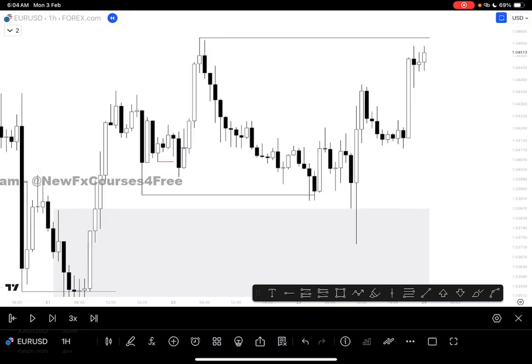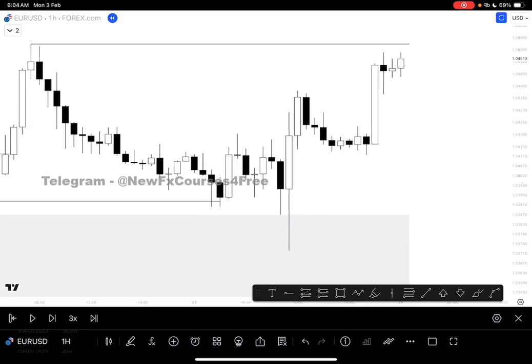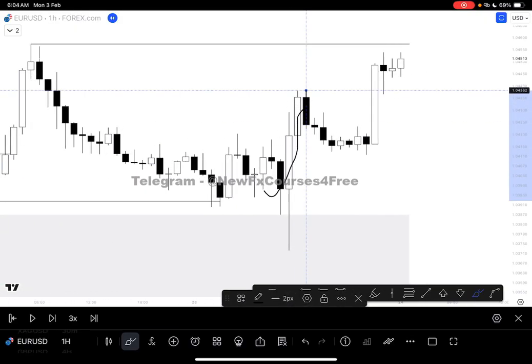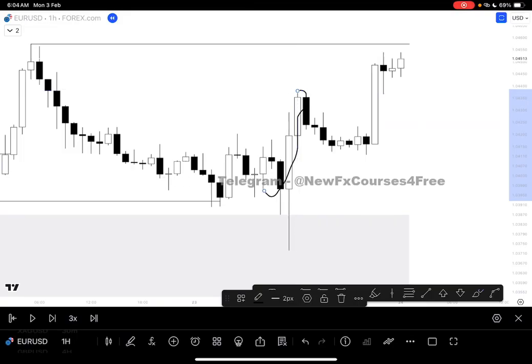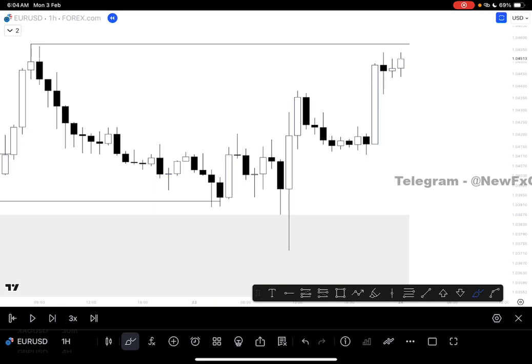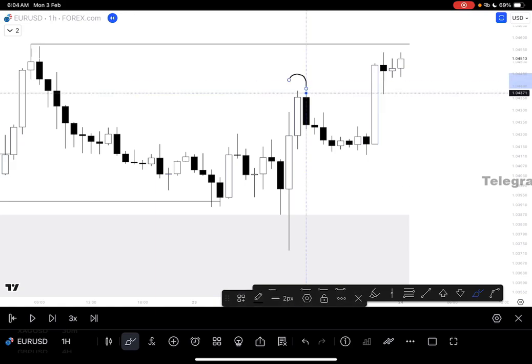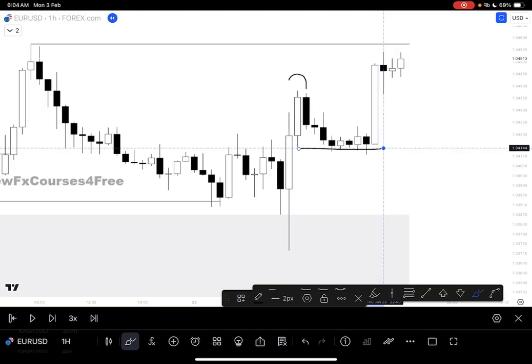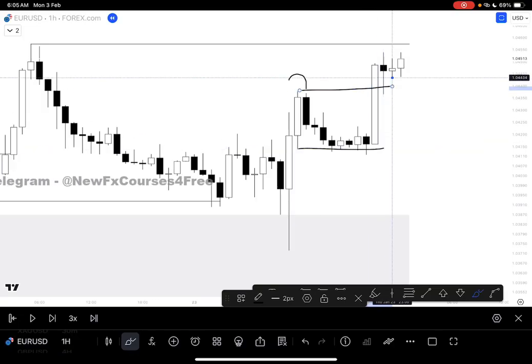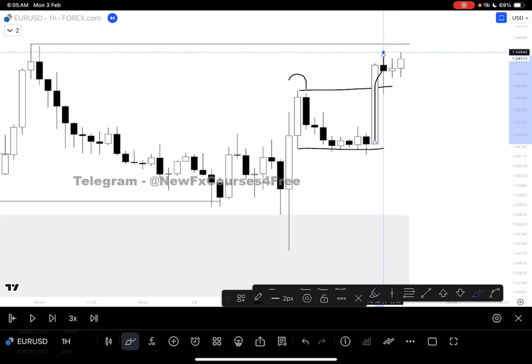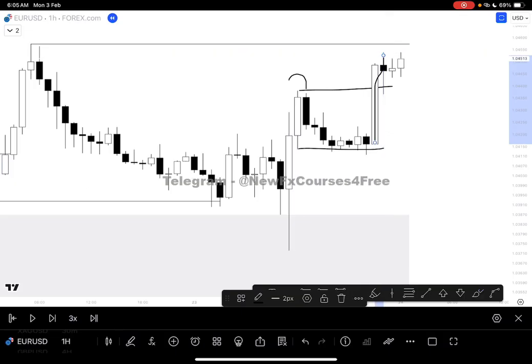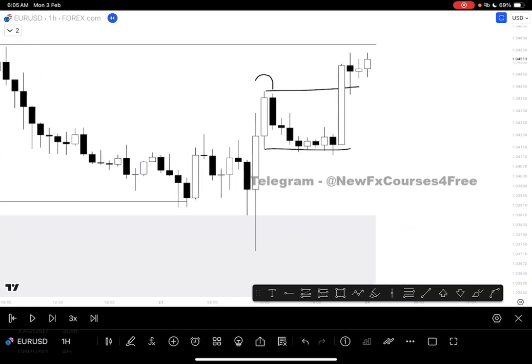So here the market expands, creating a 1 hour candle range over here and sweeping candle range low with this move, then expand with one big bulky bullish candle.